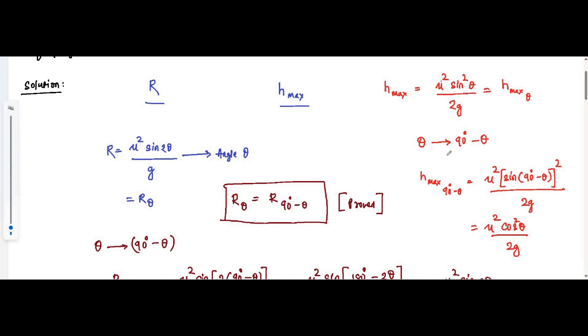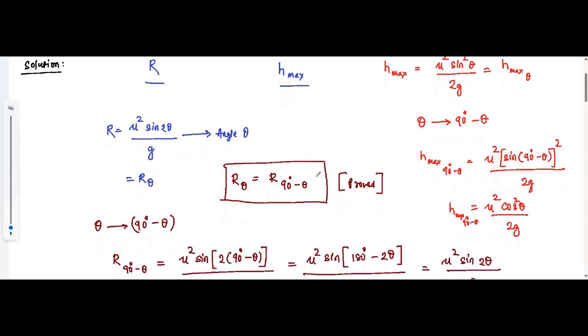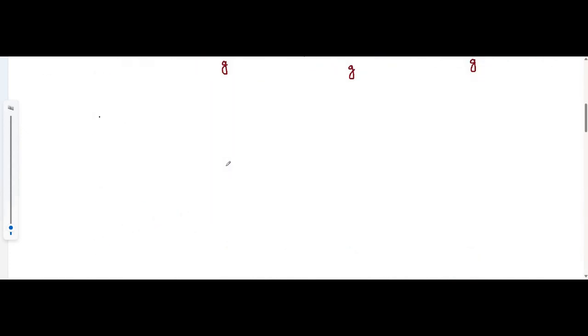So this is h max theta, this is h max 90 degree minus theta, that is the maximum heights for the two angles. If we add them together, h max theta plus h max 90 degree minus theta, we will have u square sine square theta by 2g plus u square cos square theta by 2g.